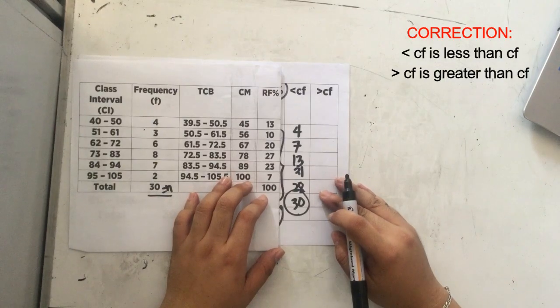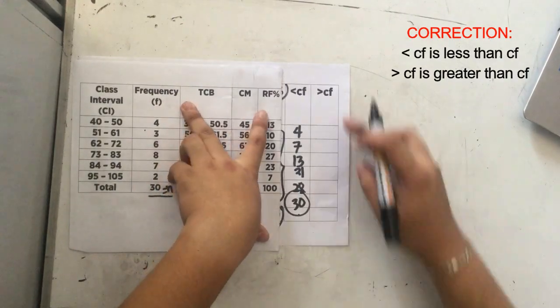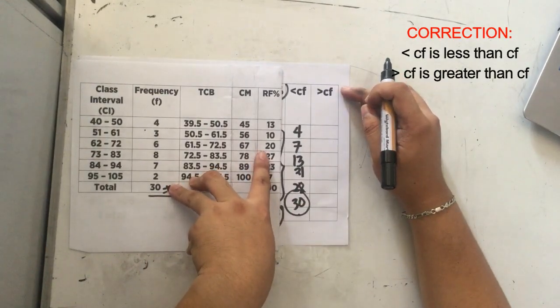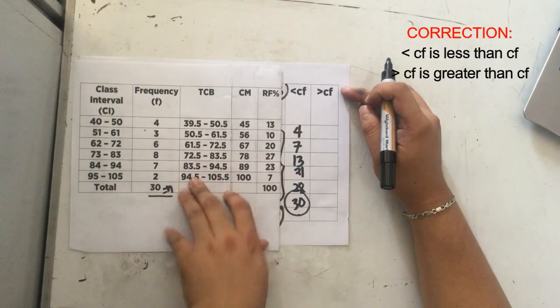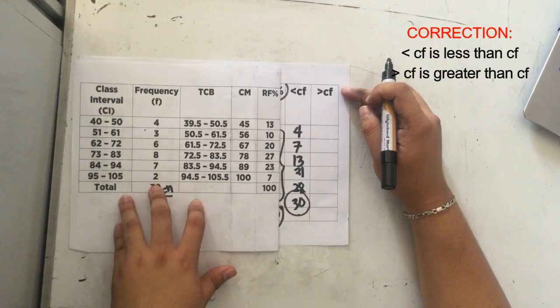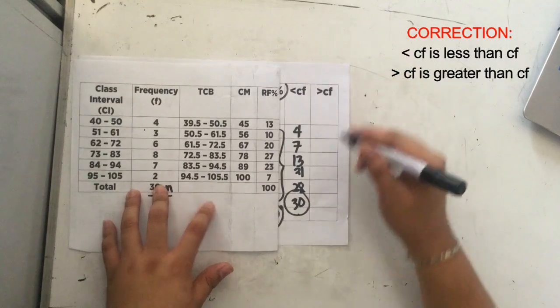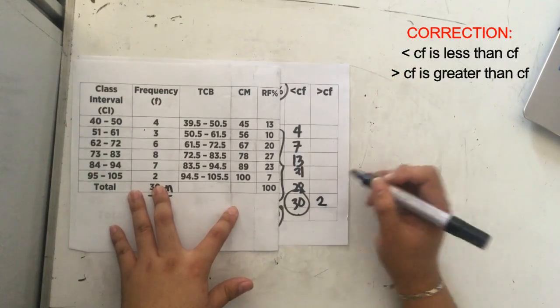Next, we have your less than cumulative frequency. So, sa less than cumulative frequency natin, you start with the highest class interval. So, you have 2. So, mag-start tayo dito, 2.